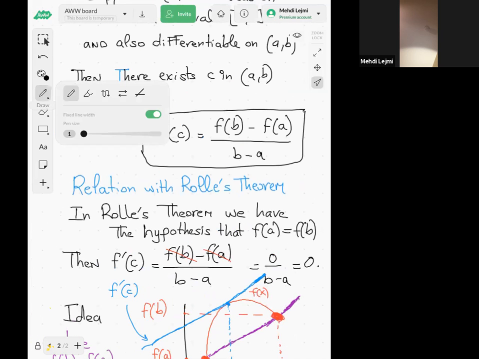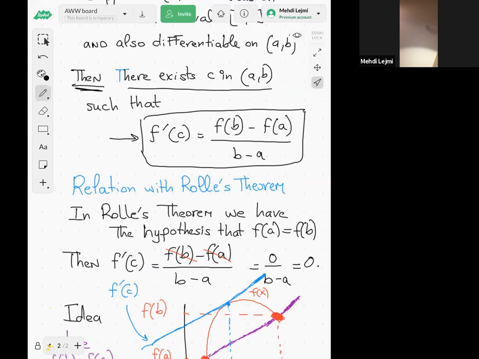The conclusion of the theorem is that there exists a c in this interval, 1, 3, or (a, b), such that f prime of c is equal to f of b minus f of a over b minus a, etc.